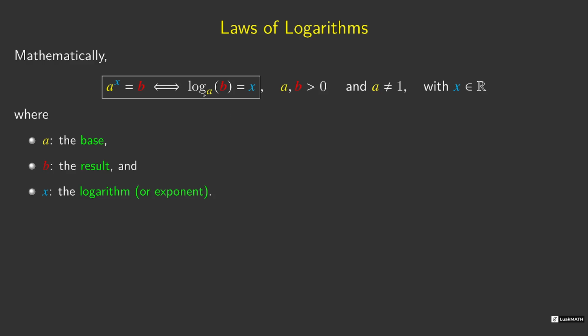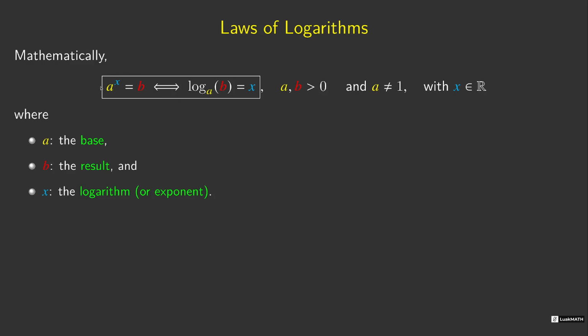So the way we read the equation on the right hand side is we say log of b to base a is equal to x. In a way, this logarithm tries to find the exponent x.